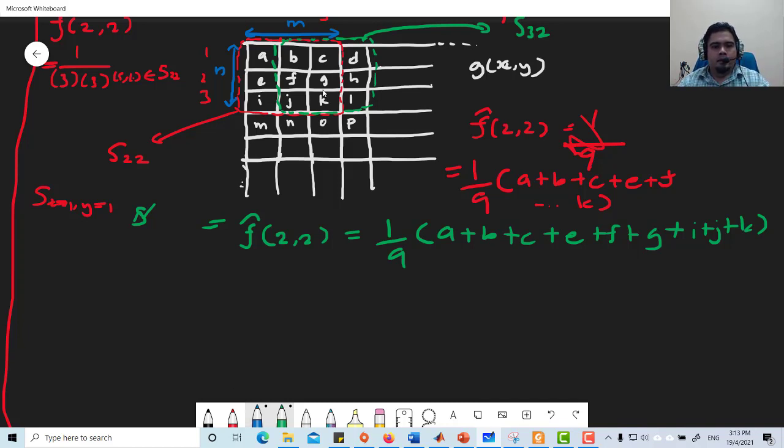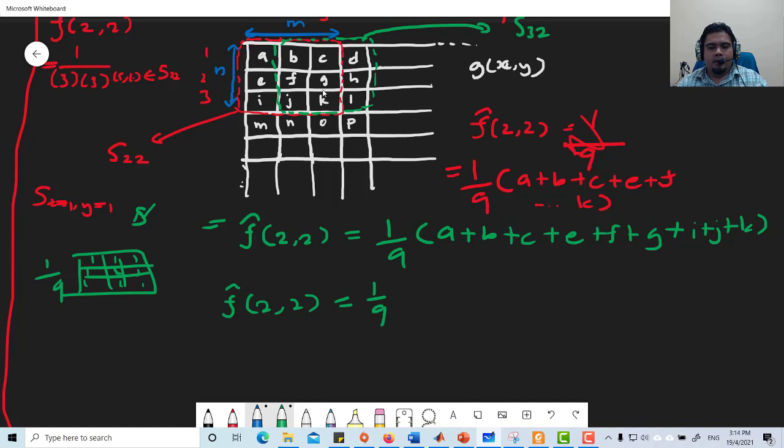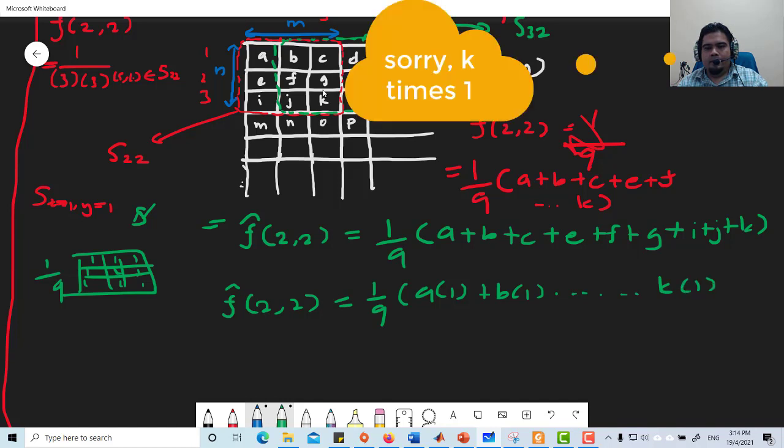So if you want to compute the sum of product of that region, again this is my kernel, 1 1 1 1 1 1, 1/9. I think you will perform the same thing. You put 1/9 and then your A times 1 plus B times 1, and at the end you also end up with K times 1, because 1 represents the kernel inside this one.